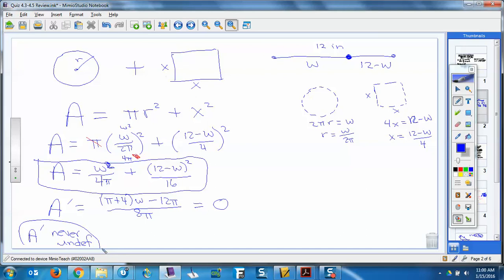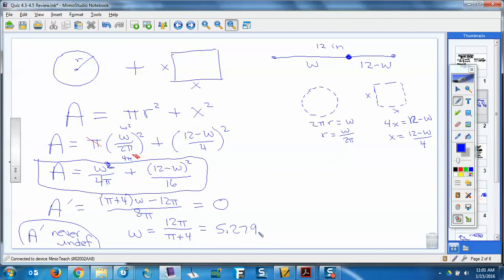Okay, and so we go ahead and do this, and we get W equals 12 pi over (pi plus 4). Okay, what is that as a decimal? Let's go ahead and see what that is as a decimal. Sometimes that's a little more meaningful. 5.279.